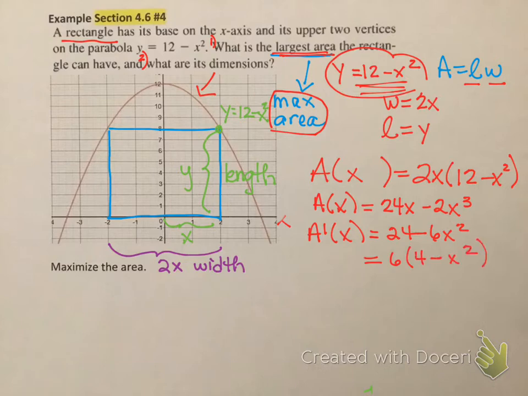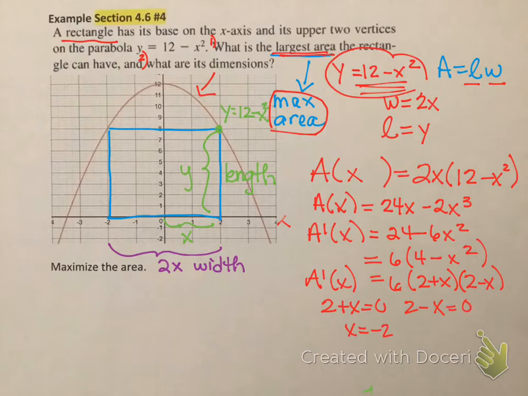That would give me 4 minus x squared, which would be 2 plus x, that quantity, times the quantity 2 minus x. So there's my factored form of my derivative. I can now take those two factors, set them equal to 0, so x would equal negative 2, and x will equal 2.